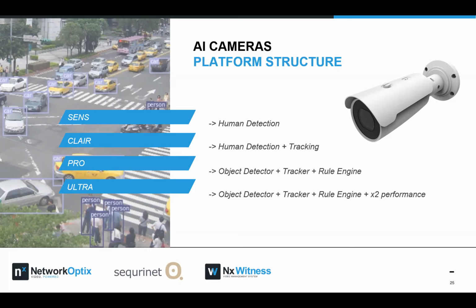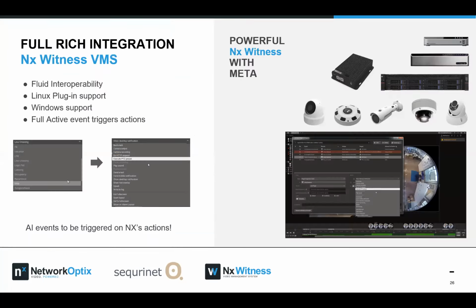And then the Ultra range goes one step further, adding the possibility to add a second rule, and it tops up the performance of the camera. So it's just a quick sidestep to let you know that if people would be interested in not just the AI box, but also IP cameras with detection on board, we can offer that as well.